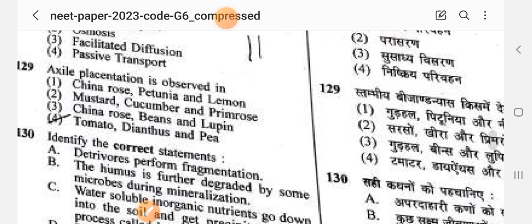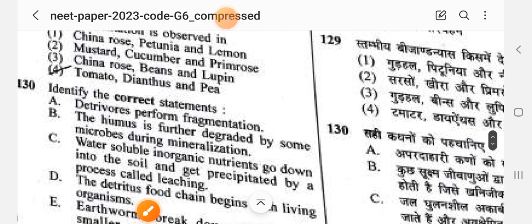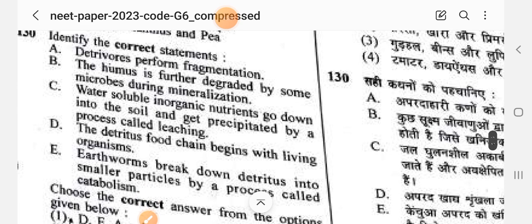Exile presentation is, so this is the third one. Exile presentation के बारे में पूछ रहा है, sorry no, the first one, this is wrong. चाइना रोज, प्यूटेनिया एंड लेमन, इसमें एक्साइल प्रेजेंटेशन होता है. So the next is, I think the video is going to be long, so this is our last question.